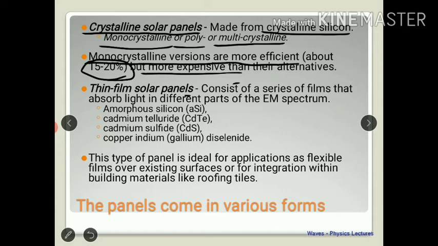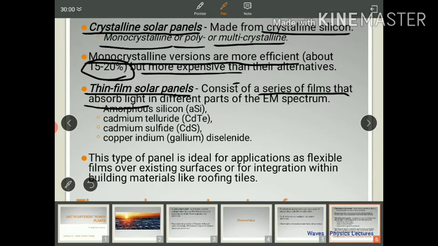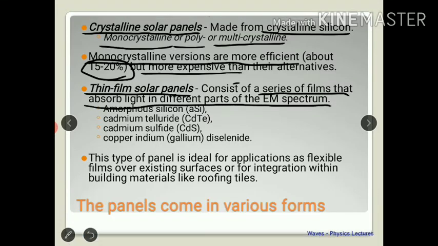We also use something called thin film solar panels. They basically consist of a series of films that absorb light in different parts of the electromagnetic spectrum. So what happens is, if you consider electrons getting free from silicon, which is usually a semiconductor having a band gap, let's say we consider the electromagnetic spectrum: we have the UV light, the visible light, the infrared light, the microwave, and so on.